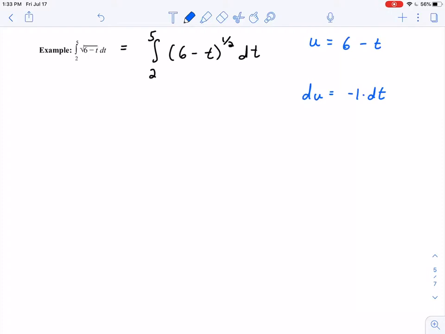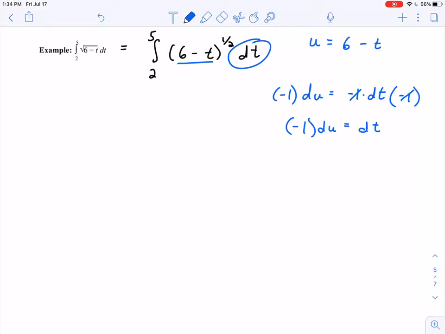I look at this and I say, okay, here is u, that's 6 minus t. I don't have a -1 to deal with here, I really only have the dt. So let's multiply both sides by -1 just to get rid of that. So -1 times du is equal to dt.